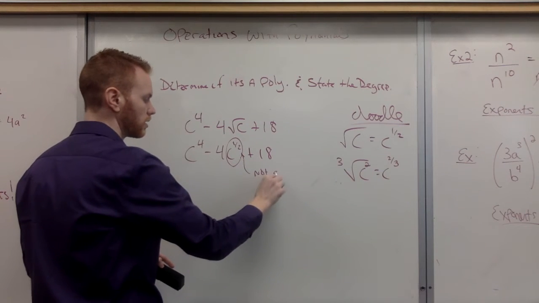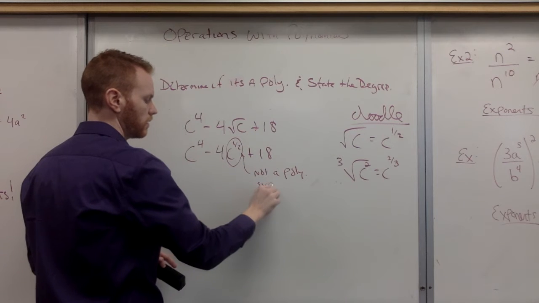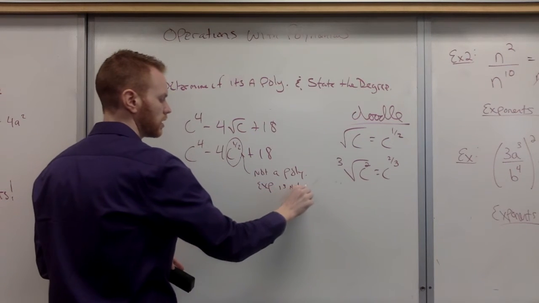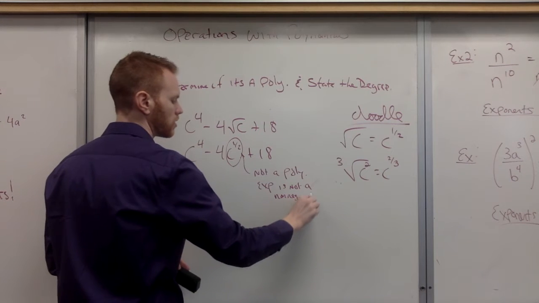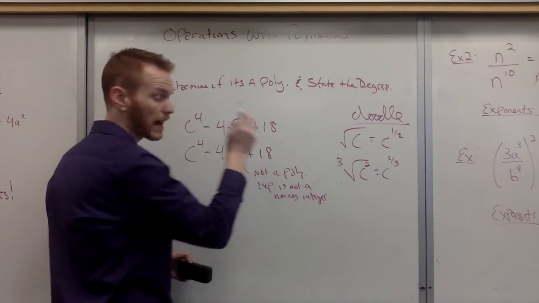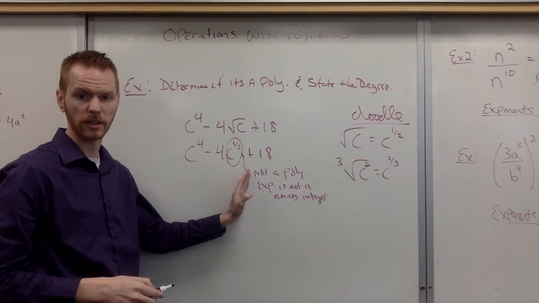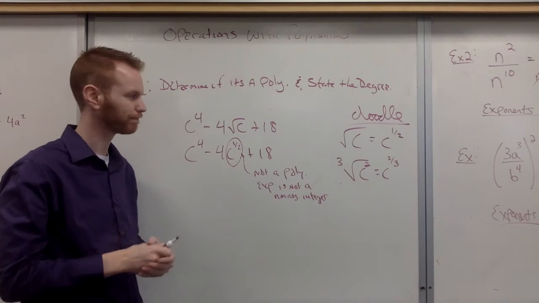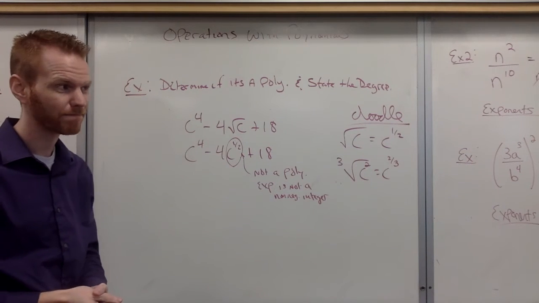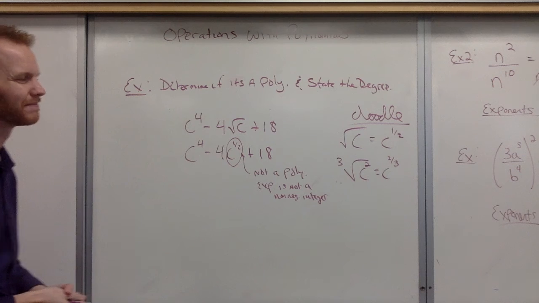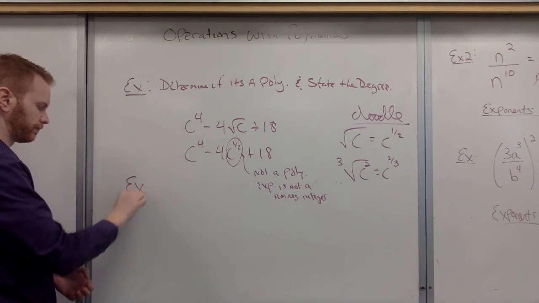So this exponent is not a non-negative integer. It's a fraction. Isn't going to work. c to the 4th would work, but not to the half power. Can't happen. Just a classification system right now. All right, let's try another example.